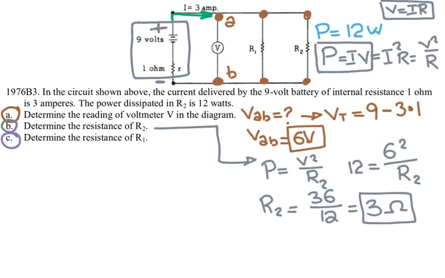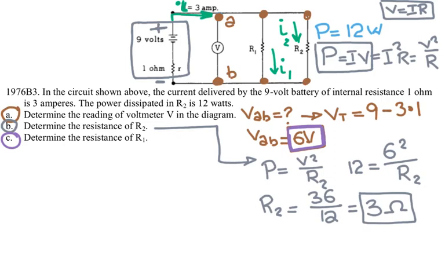For the last part, C, they ask you to determine the resistance of R1. I know that the voltage between A and B is 6 volts, so I can figure out the current flowing through R2. Let's call the total current I, the current through R2 is I2, and this one we're going to call I1.